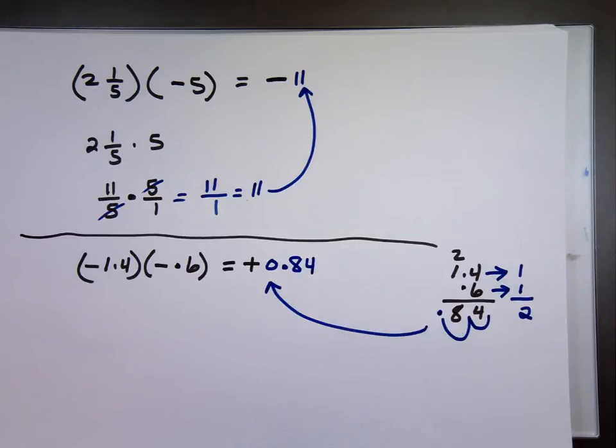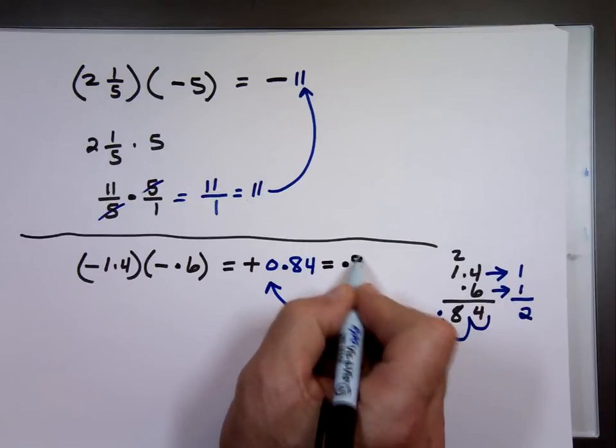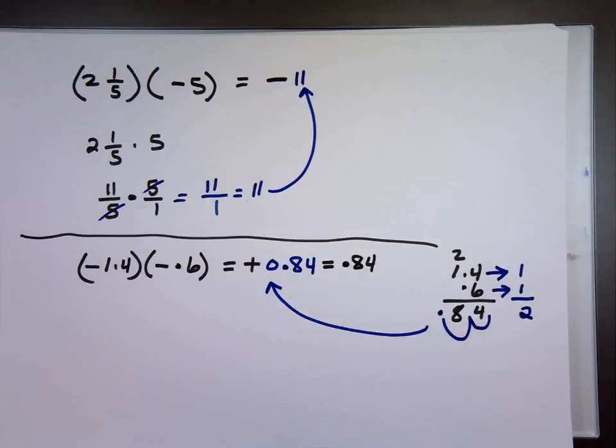Now, do I need to write the plus sign? No. You can put the 0.84, but you don't need the plus sign. Same sign will give you a positive result, different signs, negative result.